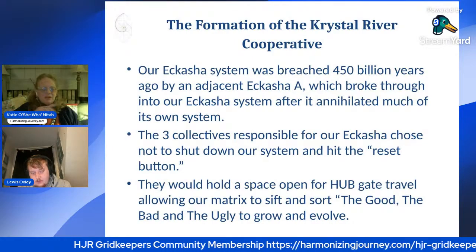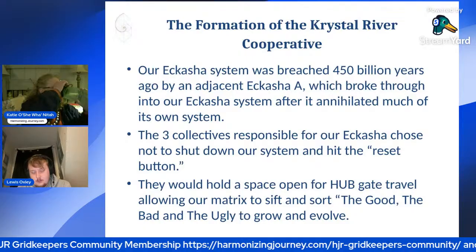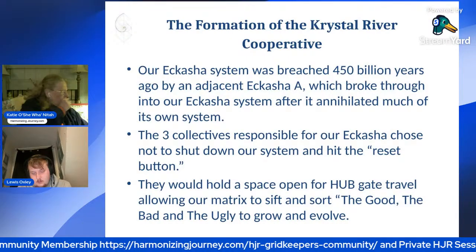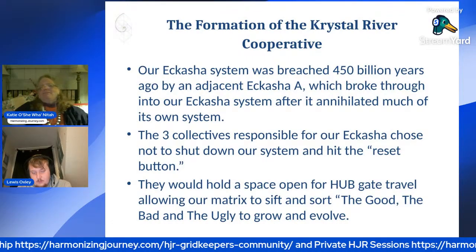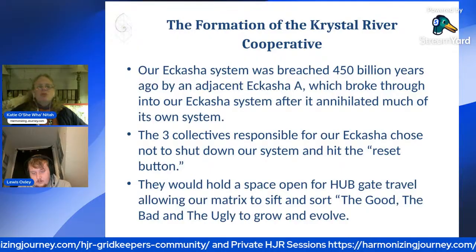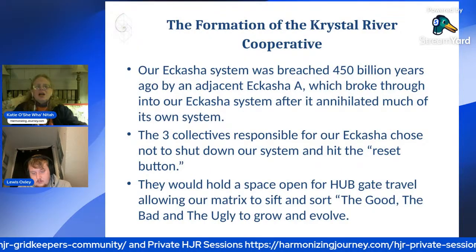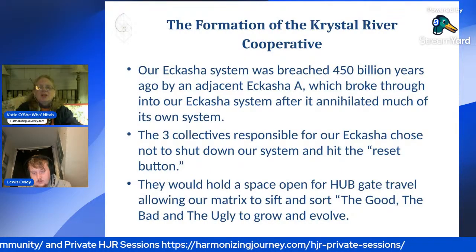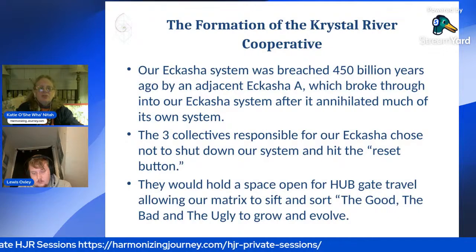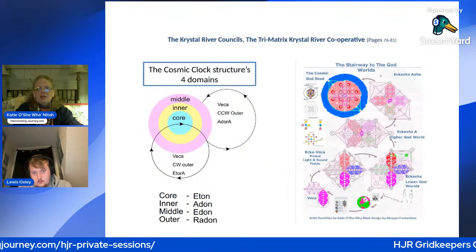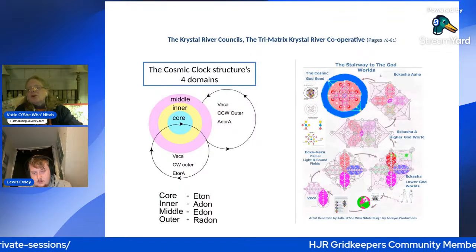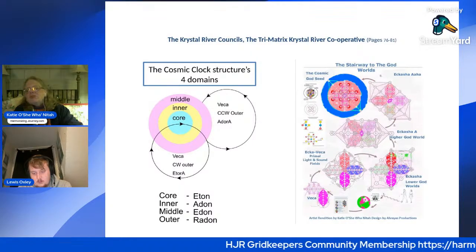Hold on a second. Sorry. Akasha A, which broke through into our Akasha system after it annihilated much of its own system. So I'm just going to go back. This is an Akasha system.